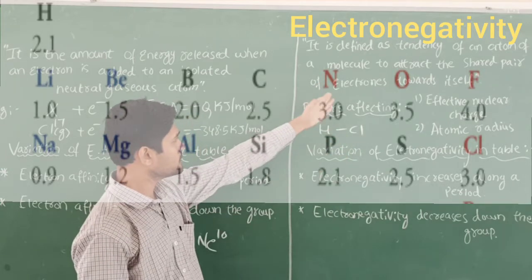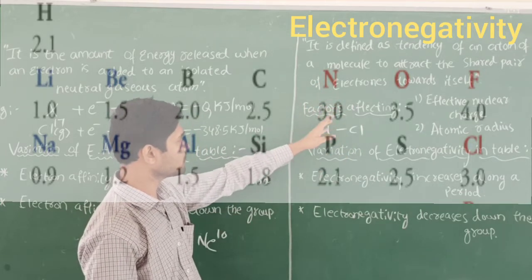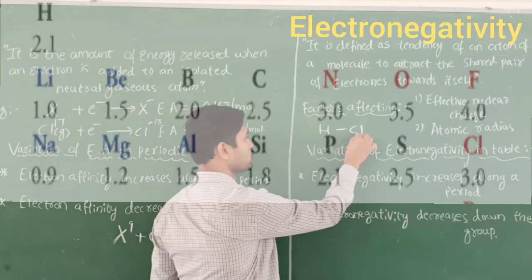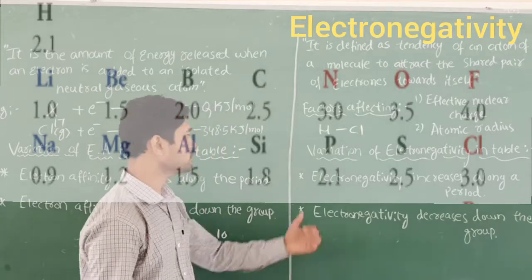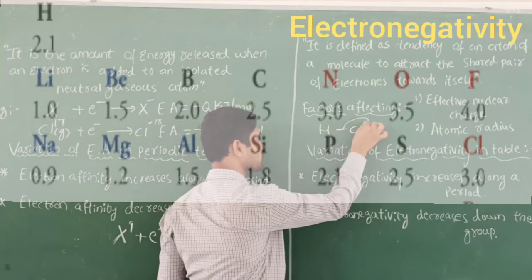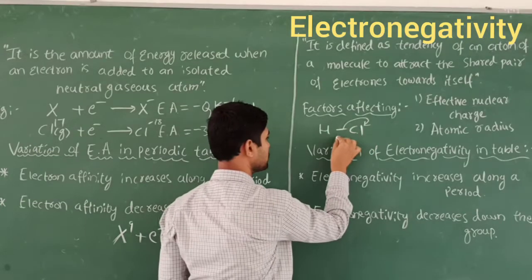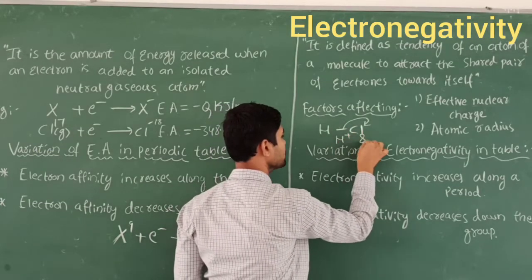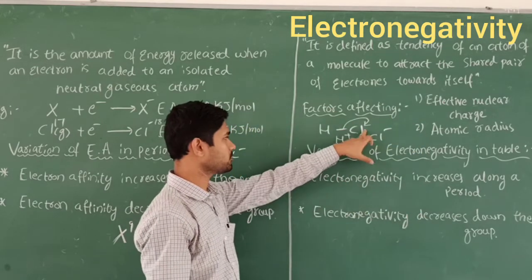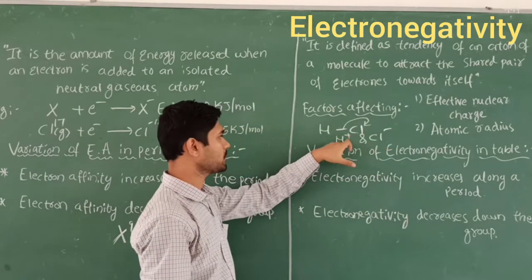According to the definition, it is the tendency of an atom in a molecule to attract the shared pair of electrons. Chlorine is highly electronegative compared with hydrogen, so it pulls the bond pair of electrons towards itself. Now it can release as H plus and Cl minus, because it takes an extra electron towards itself, becoming Cl minus, and hydrogen becomes H plus.